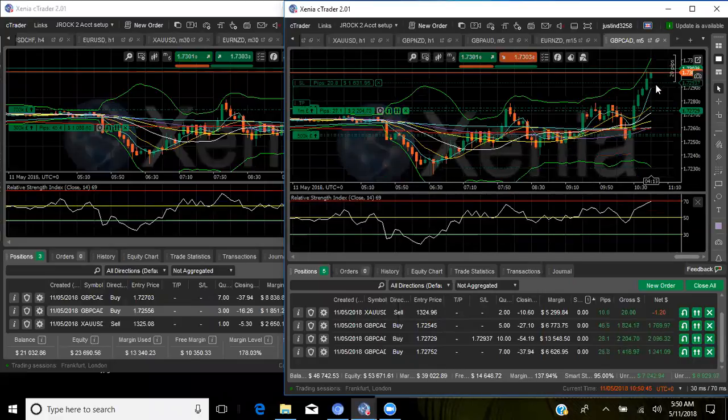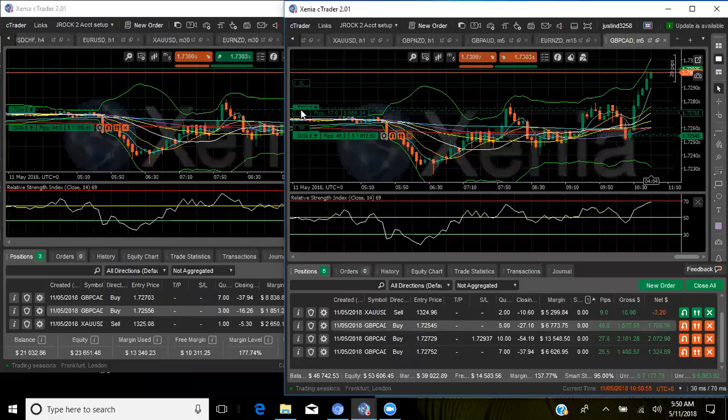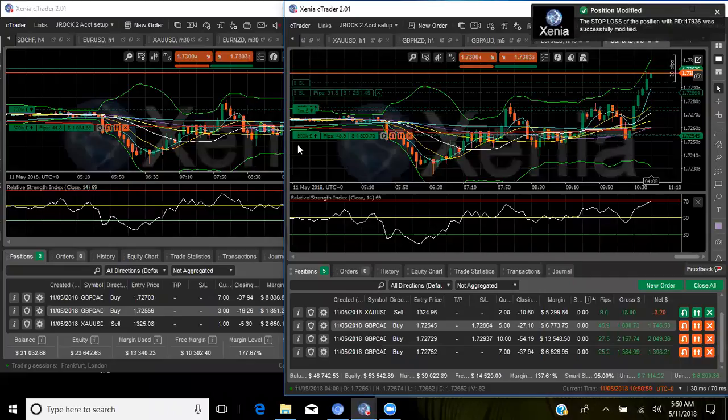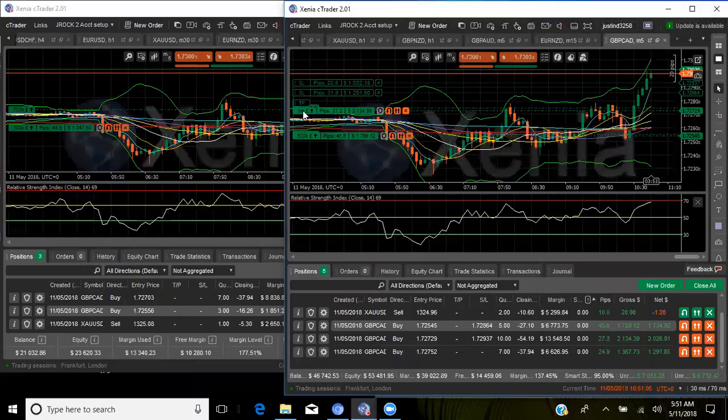I'm going to leave my stop loss for this right here. I'm going to let it come up, and as a matter of fact, I'm going to move all of these stop losses up into that area, because where are we at?